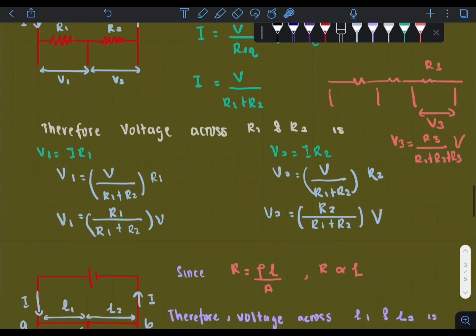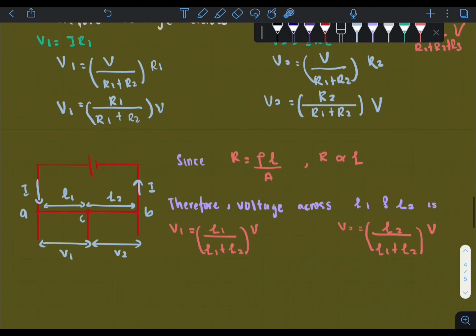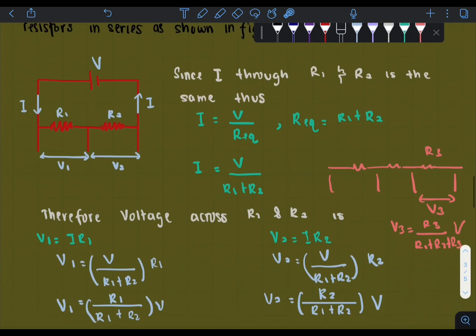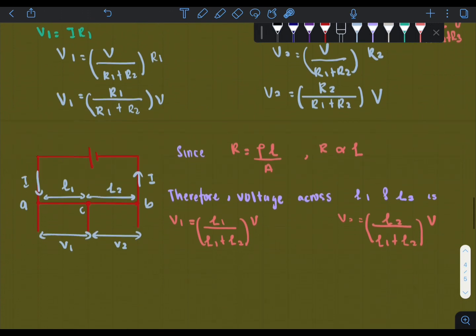Alright, so next we're going to look at if the resistance R1 and R2 were replaced with a uniform homogeneous wire as shown in this diagram. So dekat tempat R1 dengan R2 tadi, kita ganti dengan homogeneous wire. According to the resistance equation, R equals resistivity multiplied with the length of the wire divided by the area.